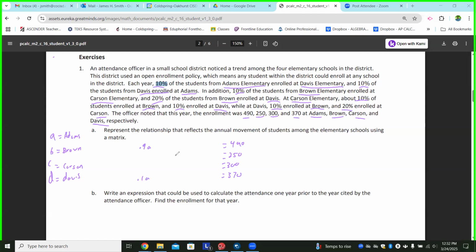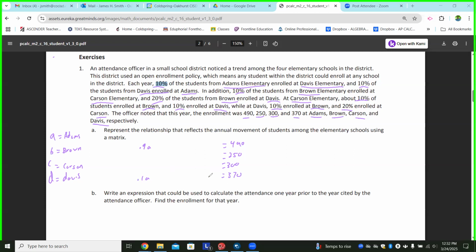I don't think you'll ever see one this hard on the SAT or ACT. So we have 100% in Adams, right? 10% of Adams went to Davis, so 90% of Adams is still part of Adams, according to just that first sentence. Now 10% of the students from Davis enrolled at Adams.